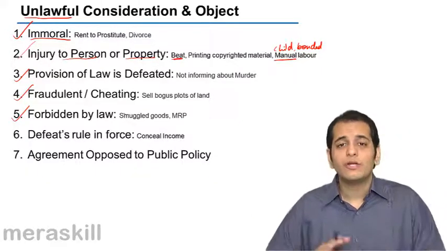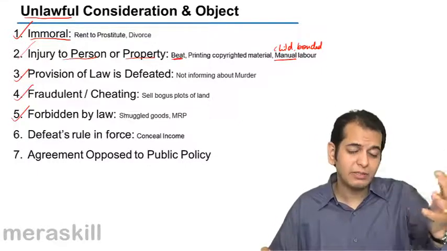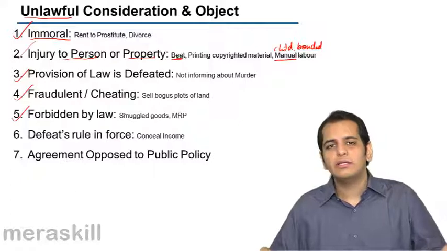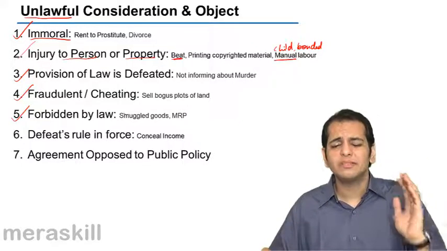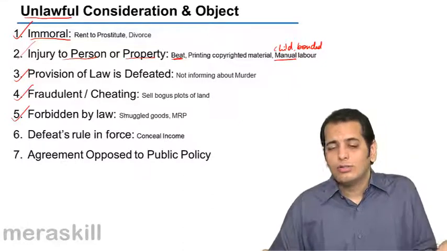Law says you cannot kill. So if you enter into contracts of killing somebody or anybody, such contract would be unlawful because law expressly says you cannot do that act. Law expressly says you cannot rob anybody.